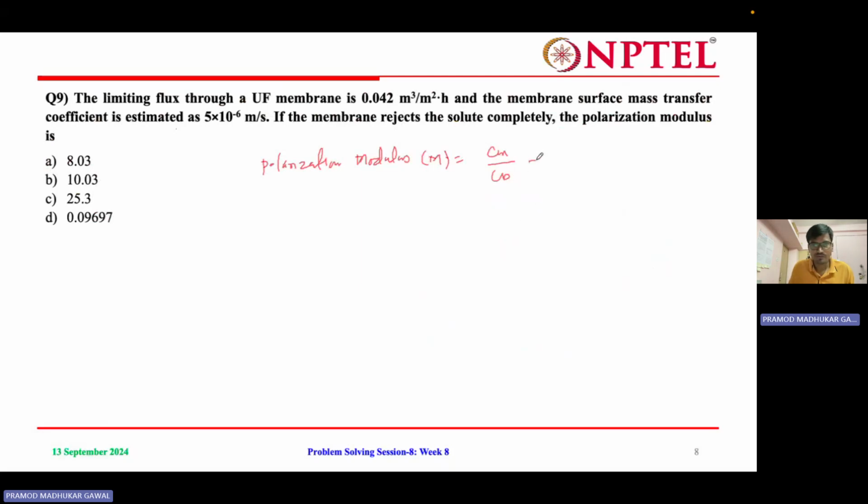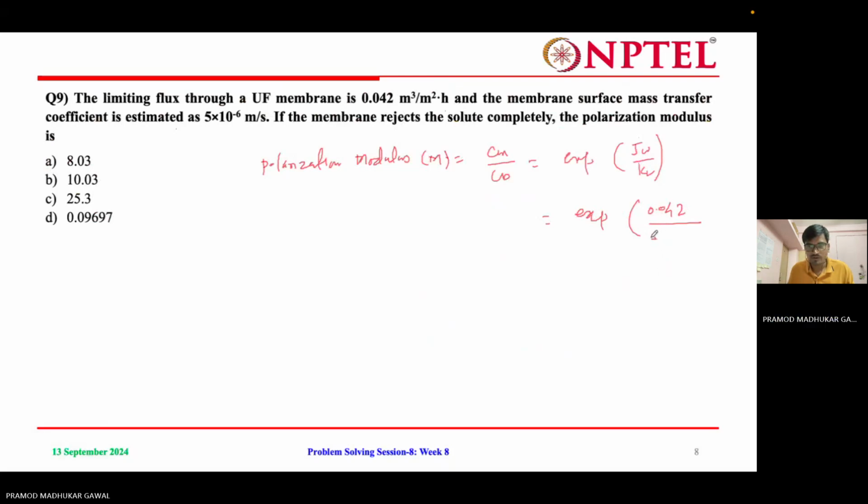So which is equal to exponential of flux divided by mass transfer coefficient kL, right? So here the flux is given and also the mass transfer coefficient is given. Put the values in this equation. 0.042 into, okay, here it is in hours, so we have to convert into seconds.